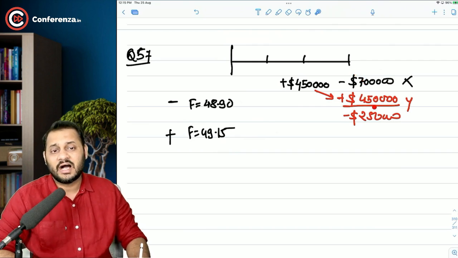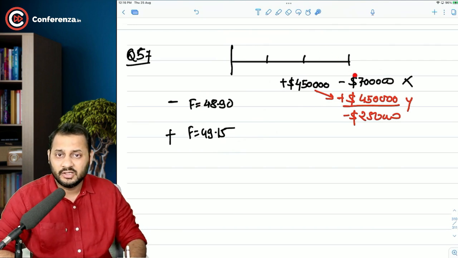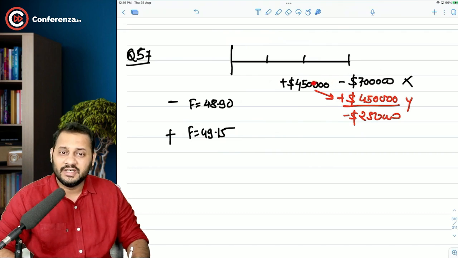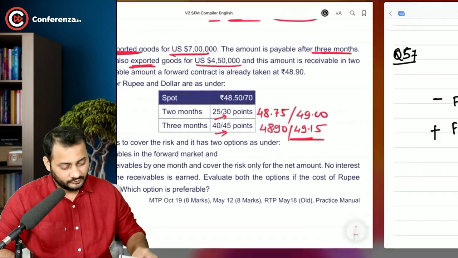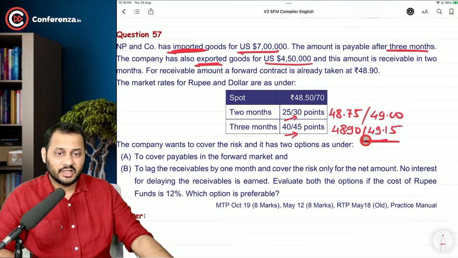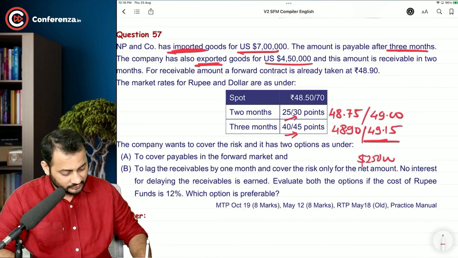So instead of asking Y to transfer the money to India and then we transferring the money to America to X, we will ask Y to make the payment to X. So we are matching the receivables with the payables. This is a question of lagging the receivable and matching also. Now, we lag the receivable by 1 month and cover the risk only for the net amount, which is $2,50,000.